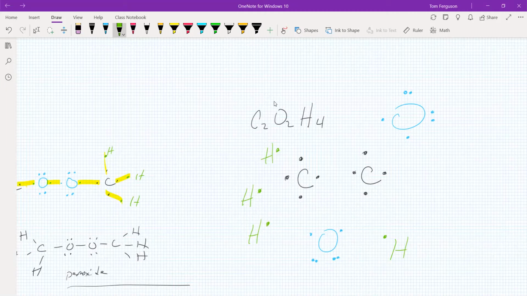So here are carbons, oxygens, and hydrogens. So let's connect them up. That and these 3. This and that. Okay, so everything has 1 bond, 1 pair of electron bonds. And then the question is, do we have any singletons left over?